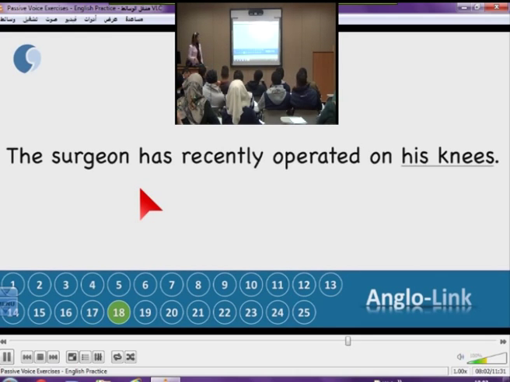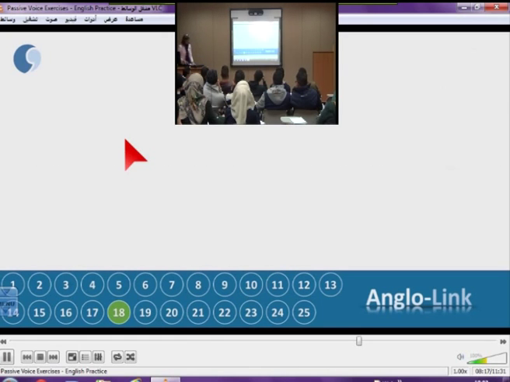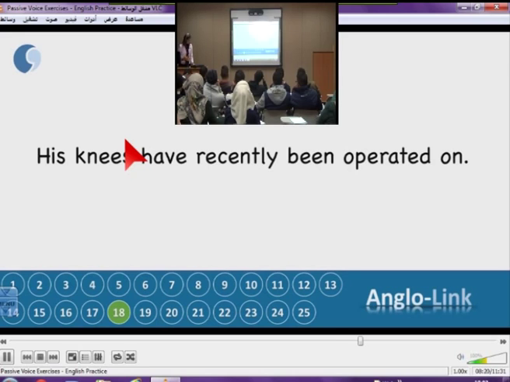Number 18. The surgeon has recently operated on his knees. His knees have recently been operated on.